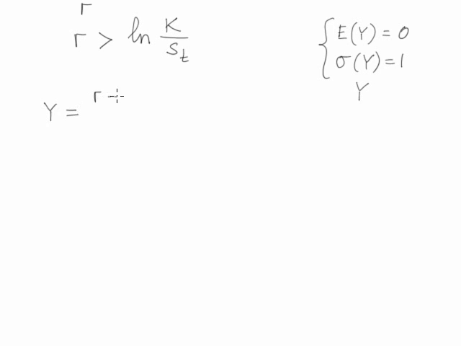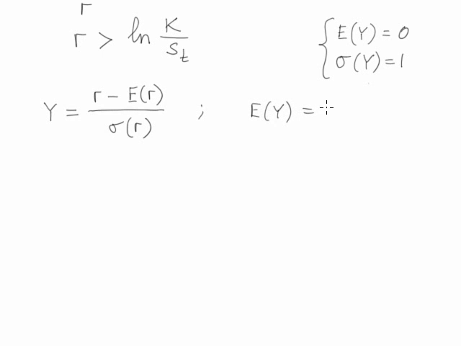If we take R, subtract the expectation value of R, and divide by the standard deviation of R, then we will get this new random variable y, which is normally distributed with 0 and 1. If you would like, I can prove it, it's very easy.